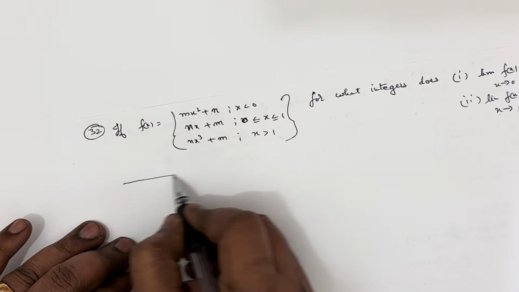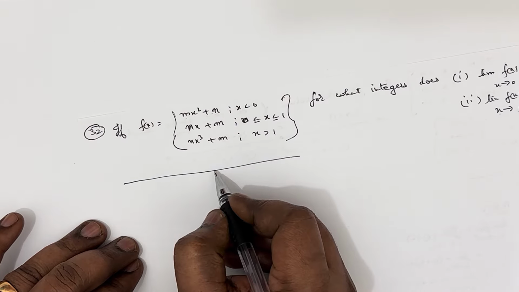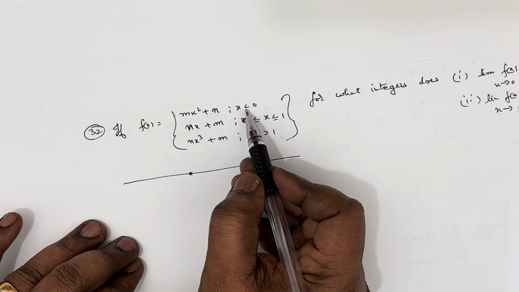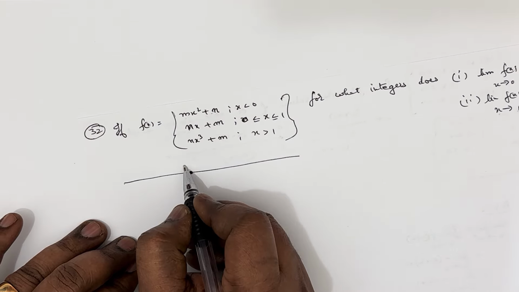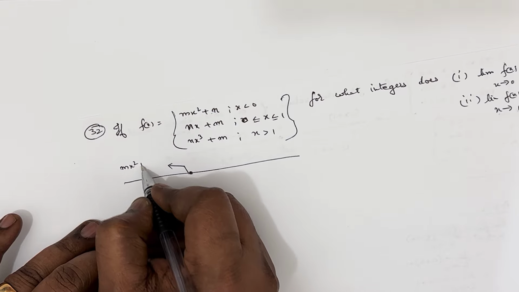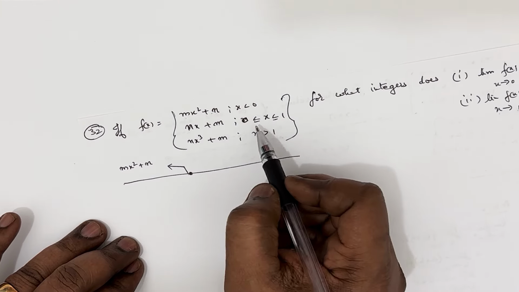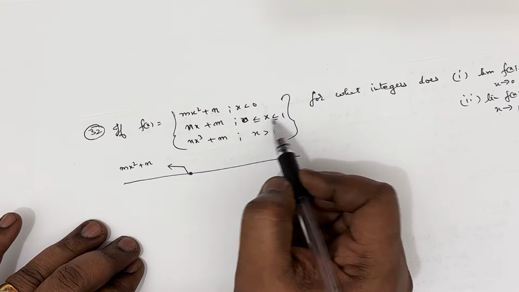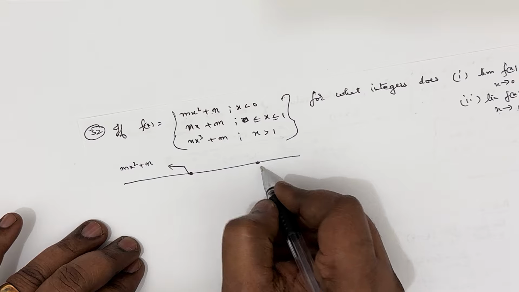Let's take the number line. Let this point be 0. When x is less than 0, the function is mx square plus n. Let this point be 1 and this be 0.